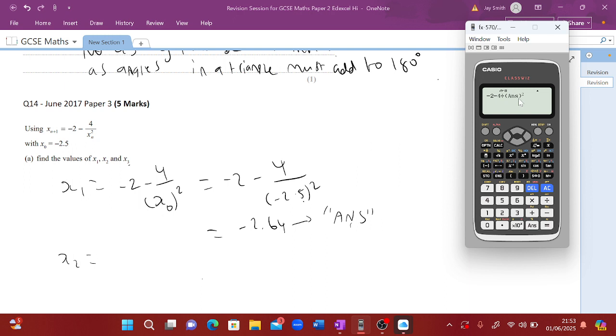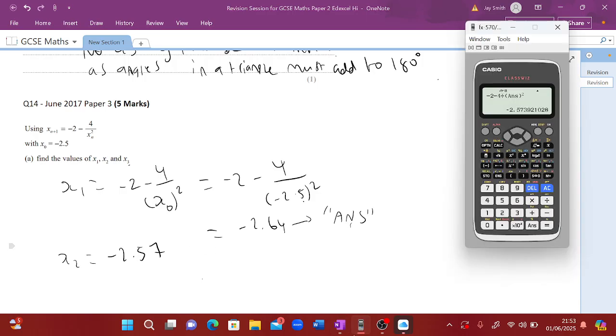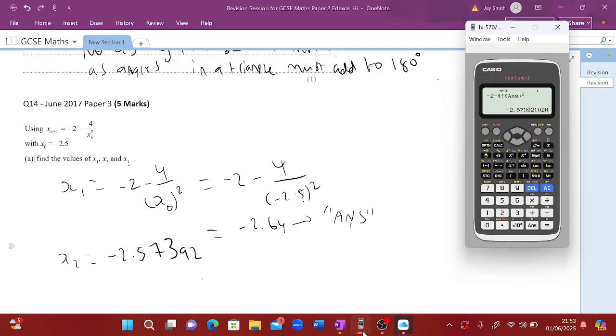Now, instead of typing in minus 2.64, you just put ans in, and the idea is you can use this multiple times without changing anything. Because now x2 will be given by this number here, minus 2.57392, and you do actually have to write all the digits down, unfortunately.